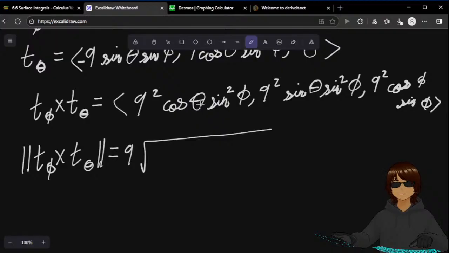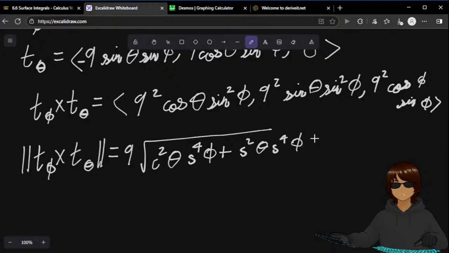Cos square theta plus sine square theta plus cos square this sine square this.